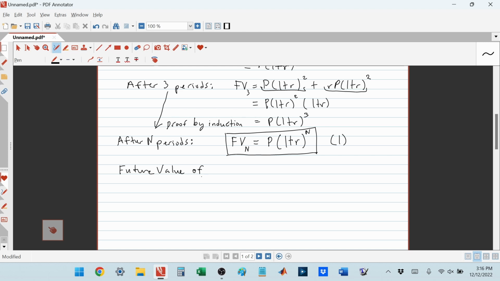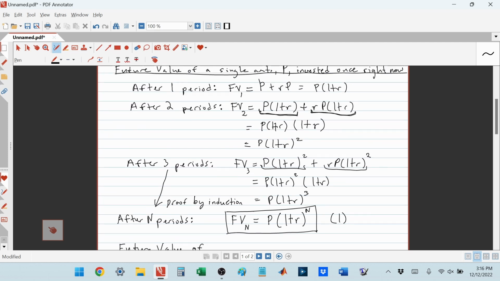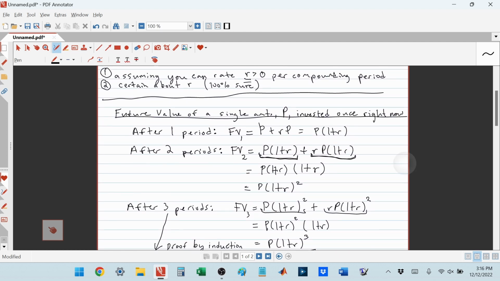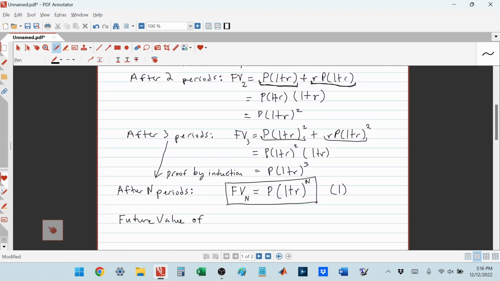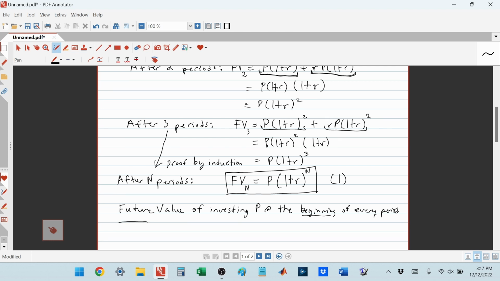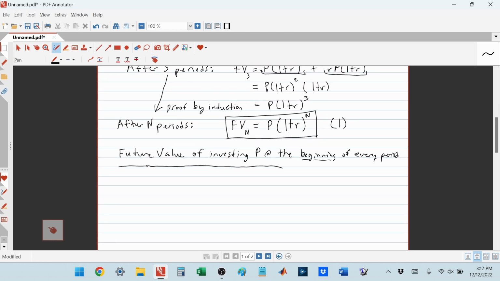What about if we have the future value, instead of investing that $P once at the beginning of the first period, we invest P at the beginning of every period. So at the beginning of every period, we put P into the account. What's the future value of that account?